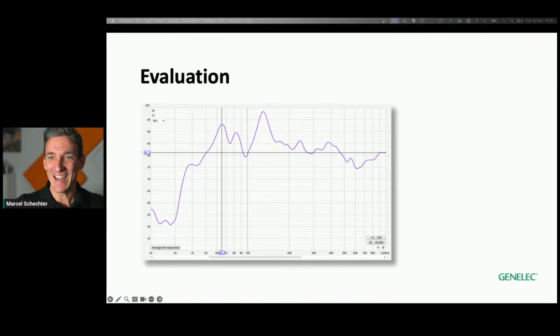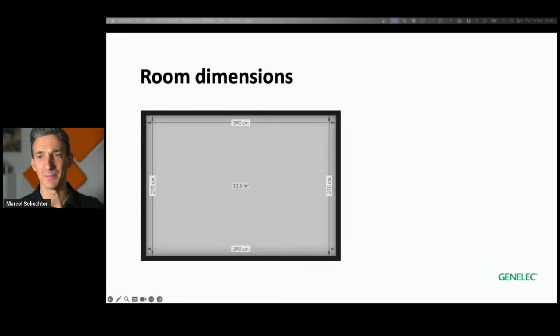So let's say we have this nice measurement from my room. And I'm looking now what could cause the boost at 65 Hertz. My room dimensions are like this. So 3.9 meters, 2.7 meters, and height is not really important at the moment in this diagram, but it's 2.8 meters.